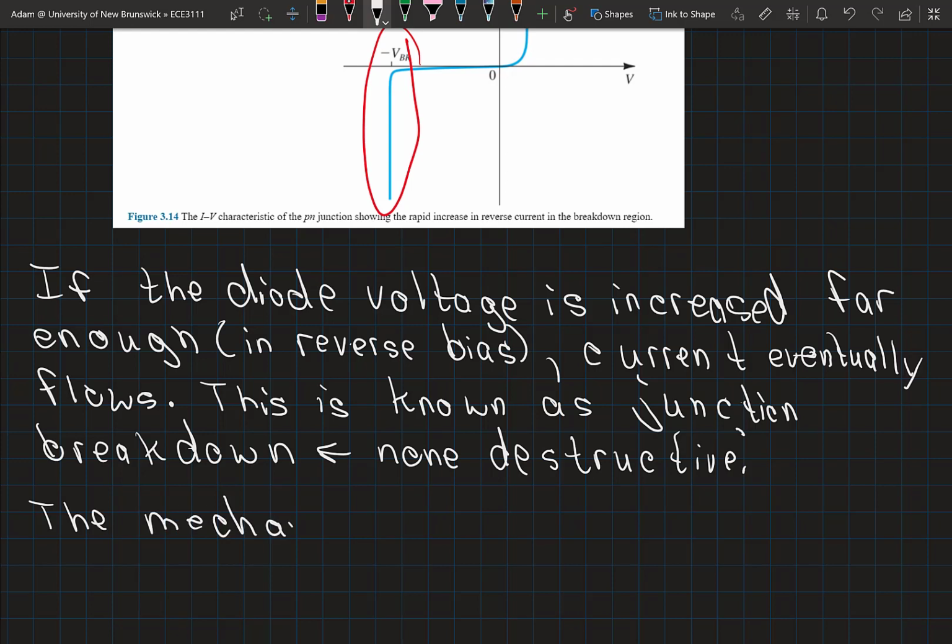Okay, the reason for the breakdown is rather interesting. So if we look into the mechanism that causes this breakdown, there's two primary phenomena at play depending on the voltage levels that cause the breakdown.